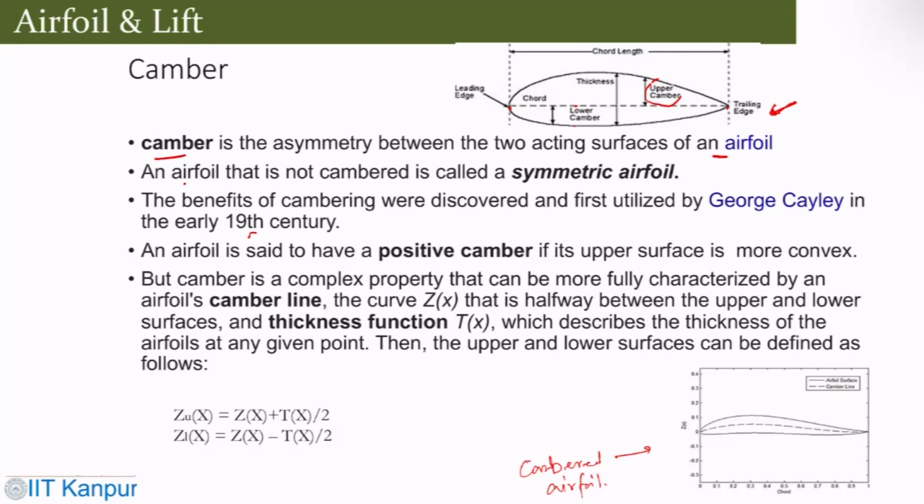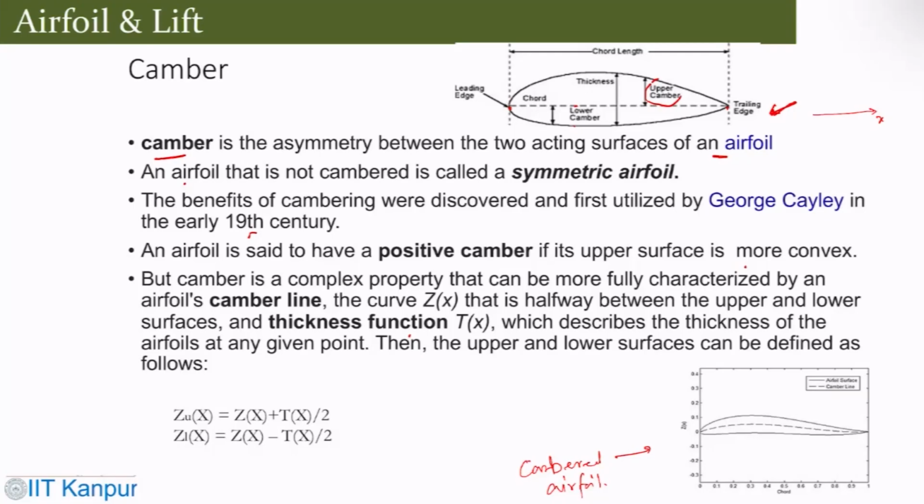And the airfoil can be positively cambered if the upper surface is more convex. Camber is a complex property that can be more fully characterized by the camber line, and then one can define the thickness at different locations of the airfoil, which describes the thickness of the airfoil at any given point.